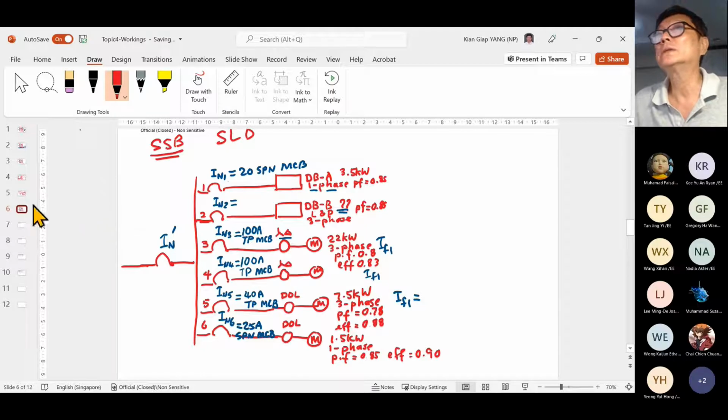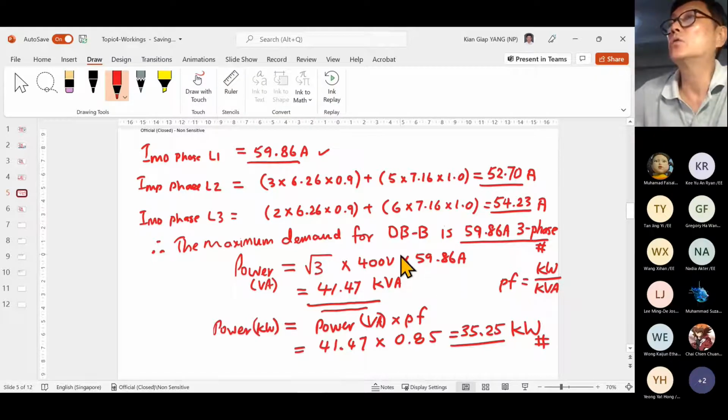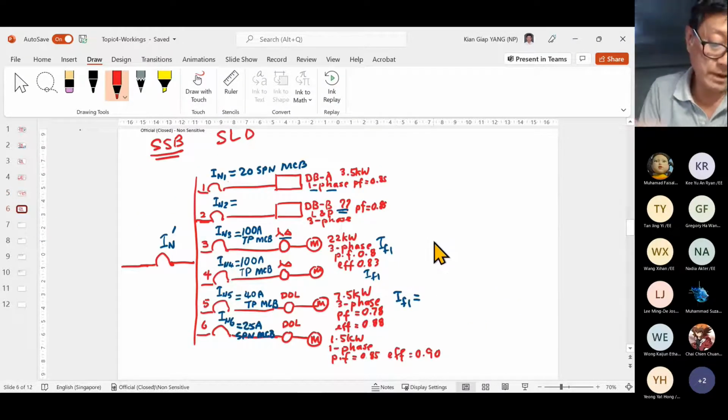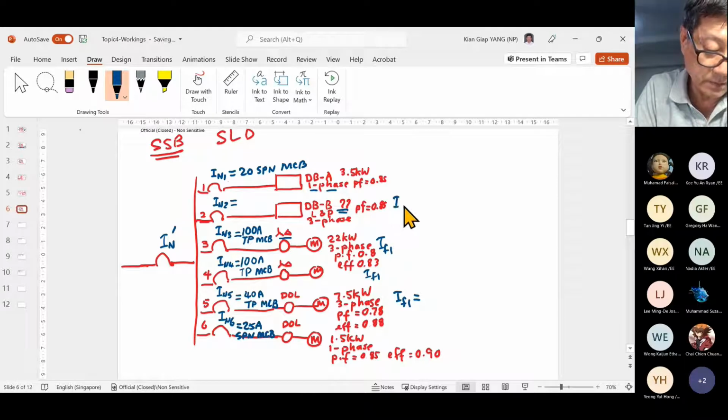Right, so now with this calculation, I can go back. I take the information from here. With this calculation, I can now go back to this original calculation and fill in the blank here. Okay, so now I'm ready to do my I full load here.